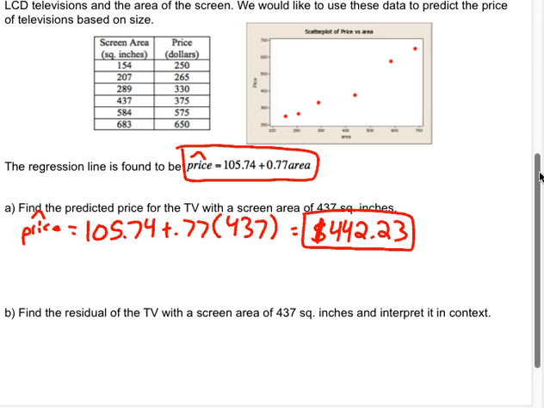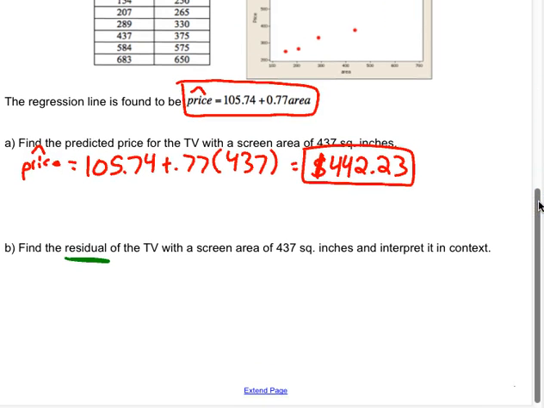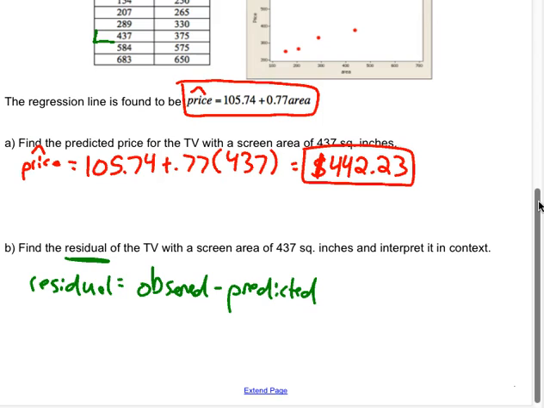Now, the residual calculates how different that is from the actual data point, okay? And the residual is observed minus predicted. Now, how could we possibly know what the observed value is? Well, this value is actually right out of the table.